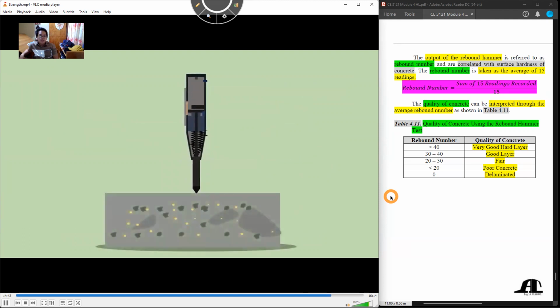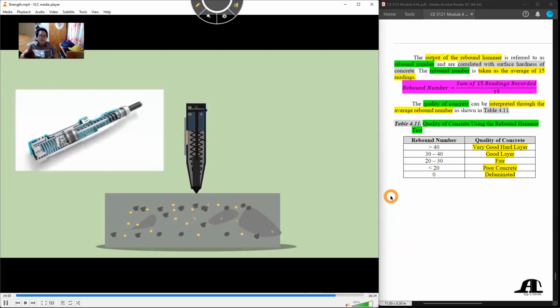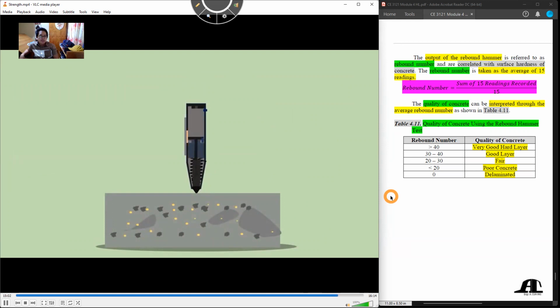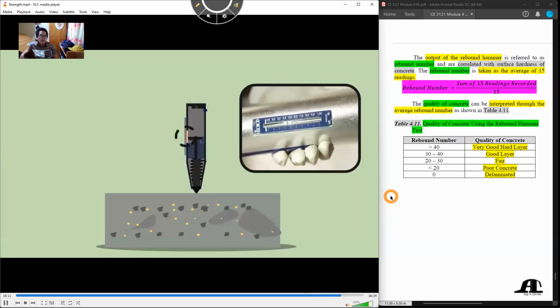When the plunger is pressed against the surface of the concrete, the mass rebounds from the plunger. It retracts against the force of the spring. The hammer impacts against the concrete and the spring-controlled mass rebounds, taking the rider with it along the guide scale. The rider indicates the distance traveled by the mass, which is called the rebound number.